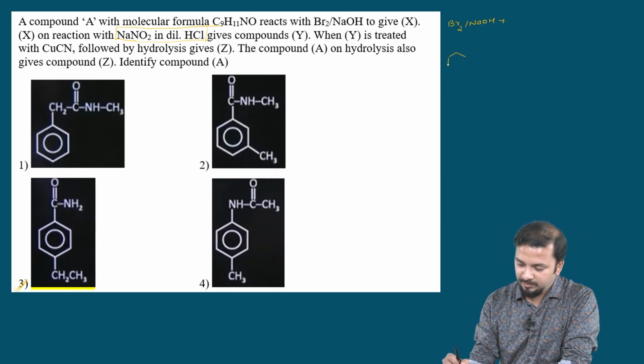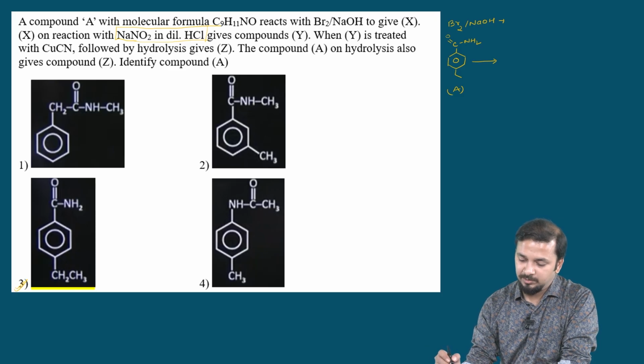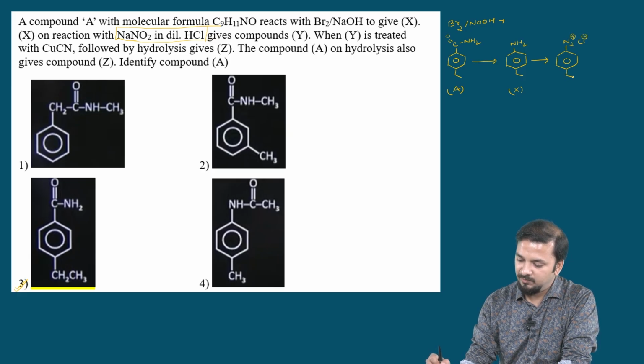First, we have benzene with CONH2 and an ethyl group attached. This is compound A. If it is treated with Br2/NaOH, then it will give us benzene with NH2 and ethyl group. This is our X. Now this X is treated with NaNO2 and HCl, which means it will be converted to N2+ Cl-, and on this side we have ethyl.